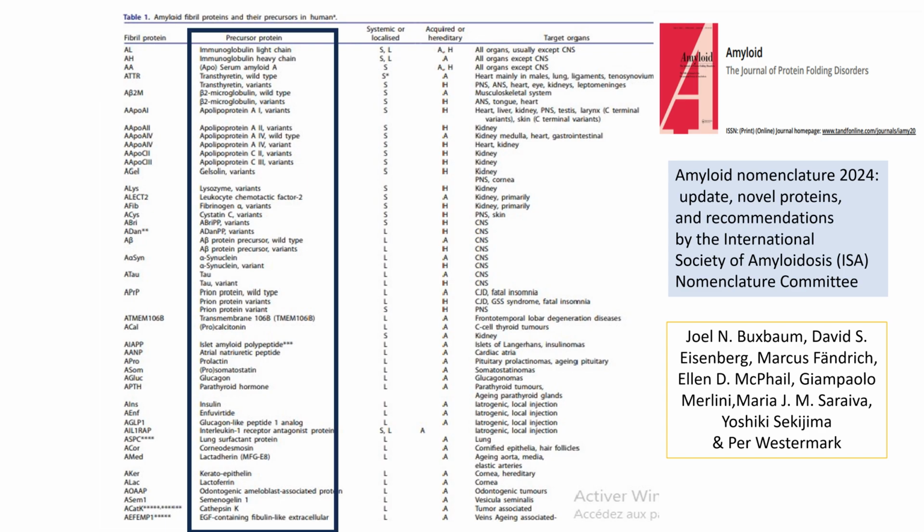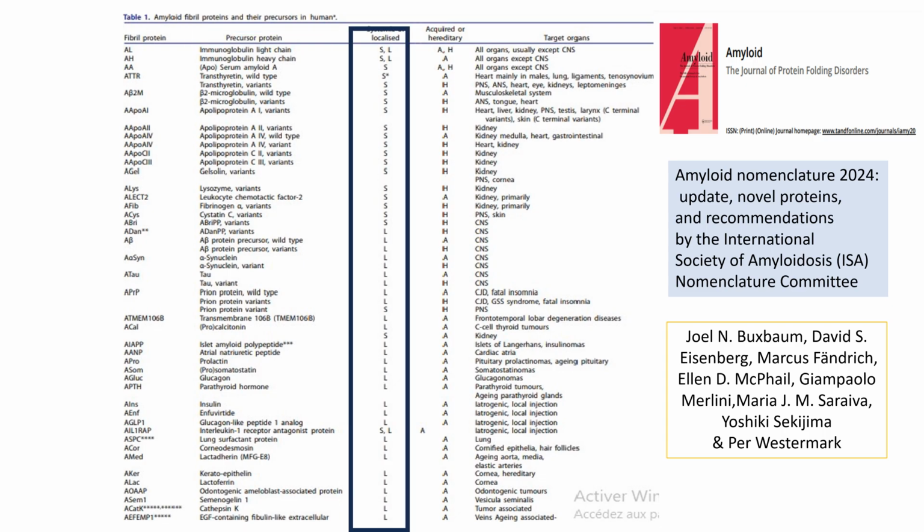The second column is the complete name of the protein. The third one designates if this protein is in capital S, it means systemic, or in capital L, means localized disease.